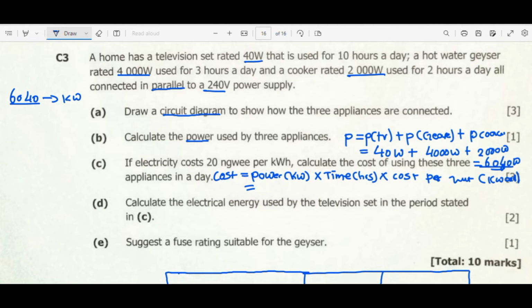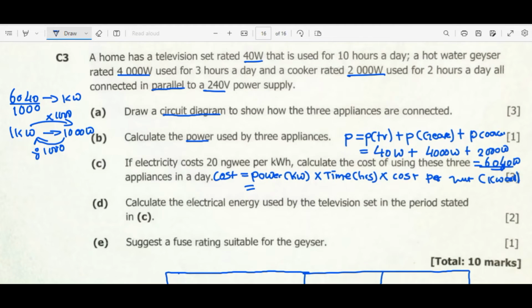So how can I convert this power into kilowatts? I'm going to divide by 1000. So remember, 1 kilowatt is equal to 1000 watts. To change from kilowatts to watts, you multiply by 1000. Then the reverse, you divide by 1000.